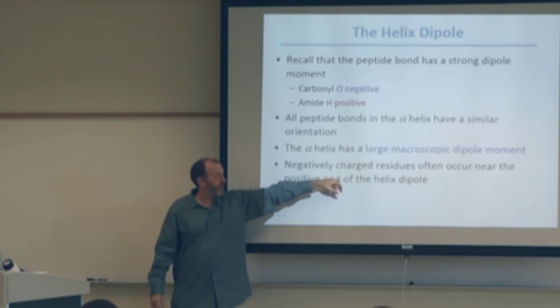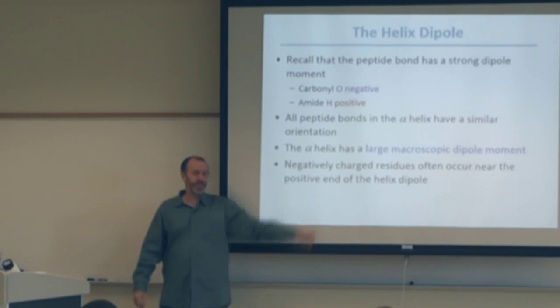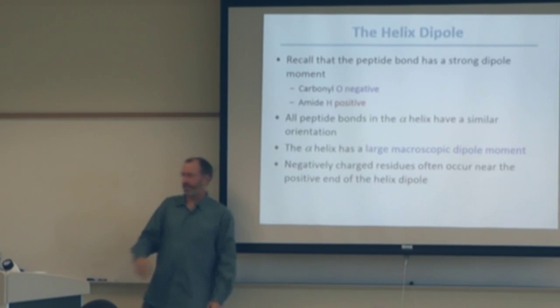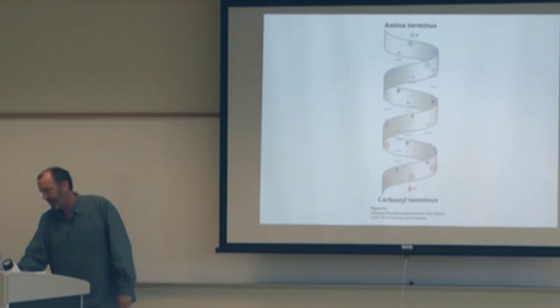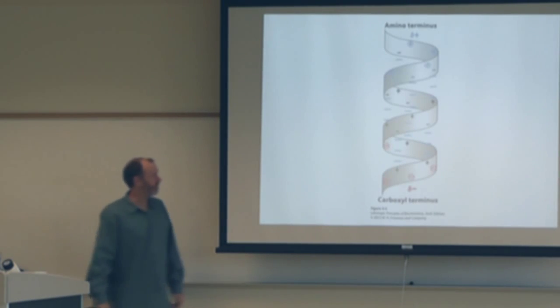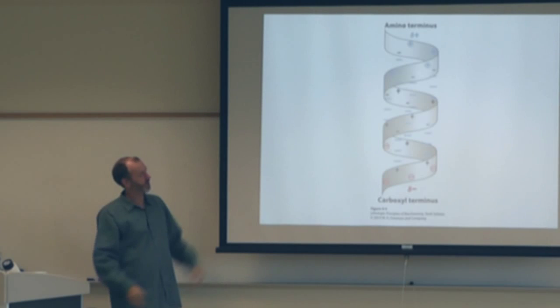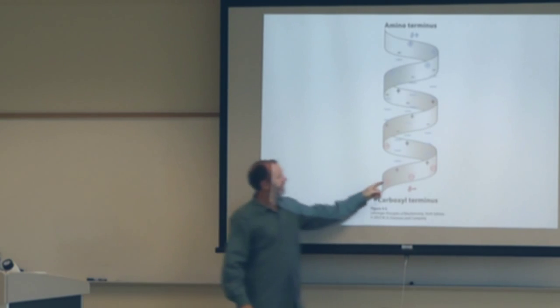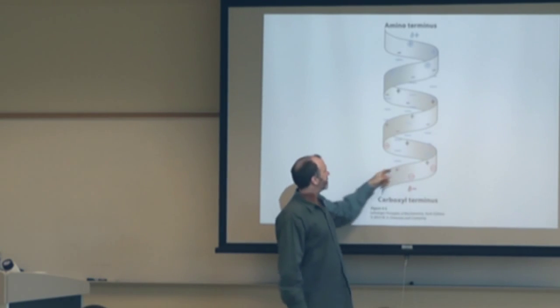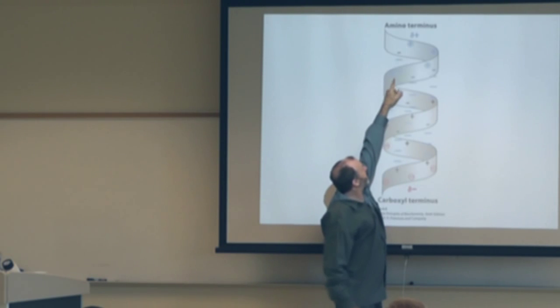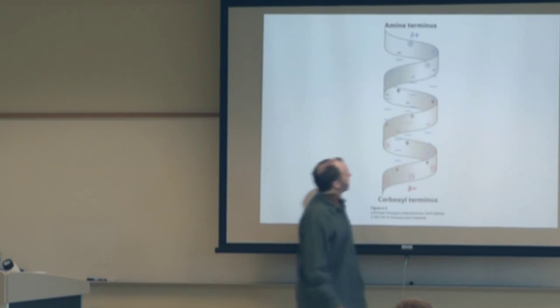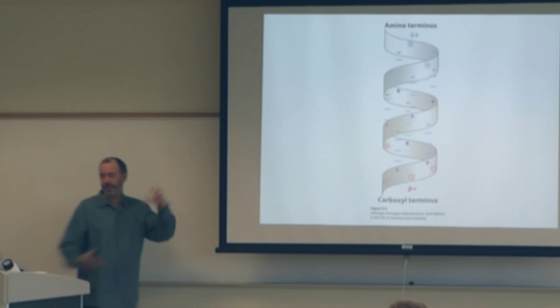And negatively charged residues often occur near the positive end of the helix dipole, so that makes sense, it kind of counteracts that net dipole. And here is a graphical representation where you can see the net dipole. You have the negative dipole here with some positively charged residues, and negatively charged residues around the positively charged dipole end of the helix.